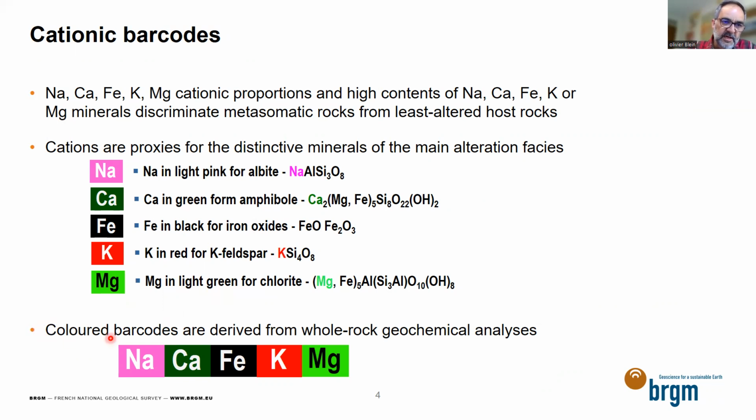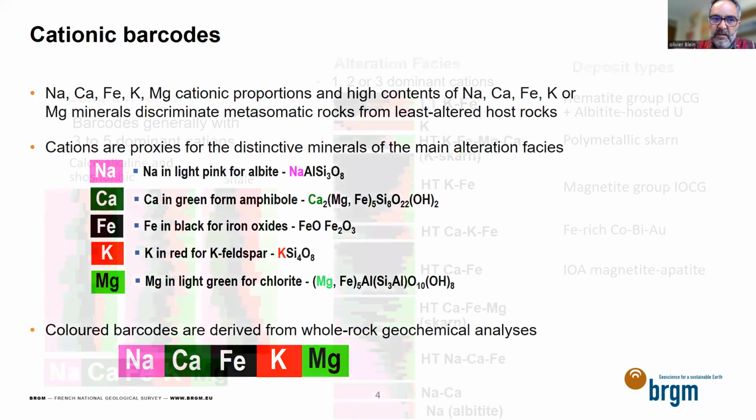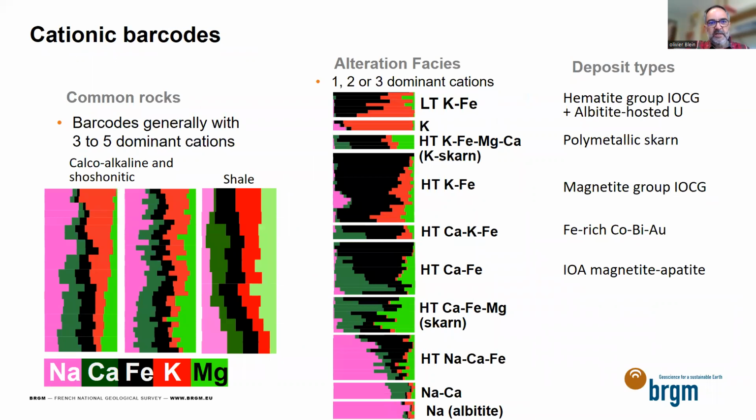Color barcodes are derived from whole-rock geochemical analysis. Typically, one or two elements dominate in barcodes from alteration phases in metasomatic rocks.